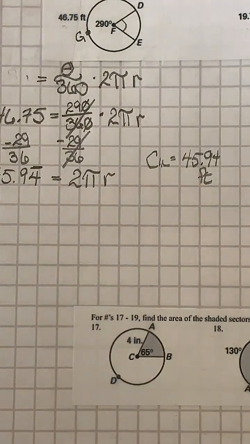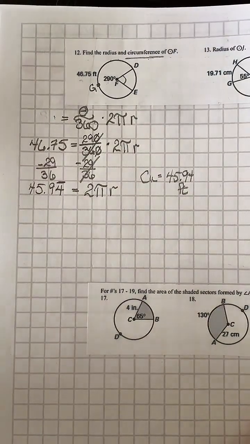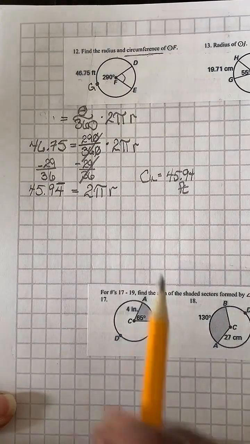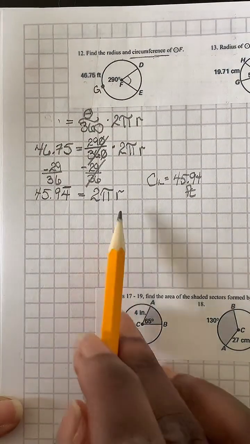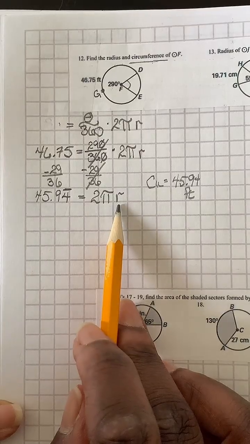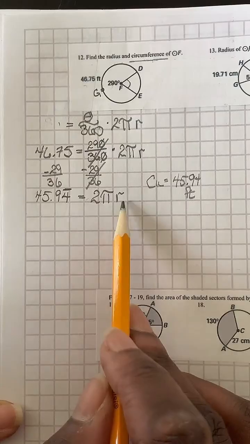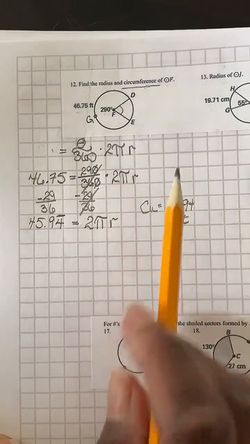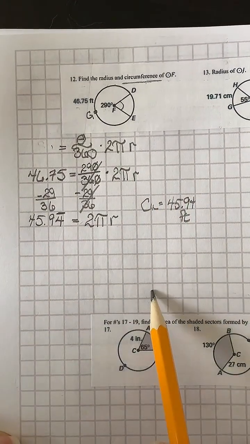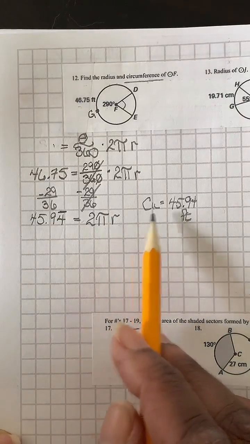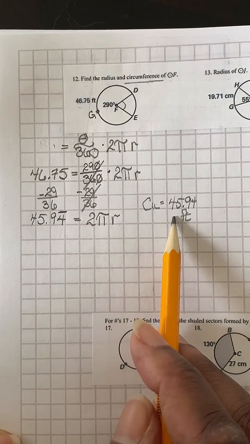You already solved it. So you're probably like, oh, I have to do all this solving. But the 2 pi r is the formula for circumference, so you already found the circumference of the circle.